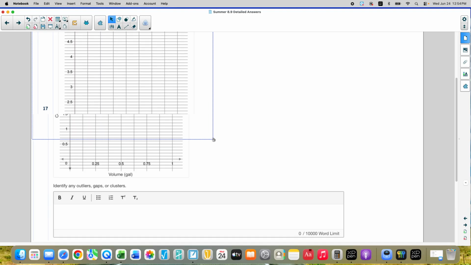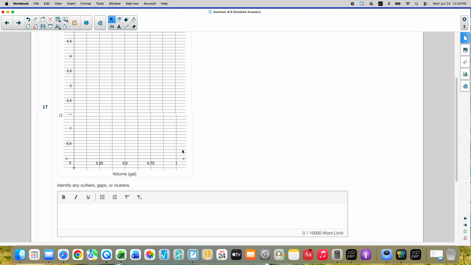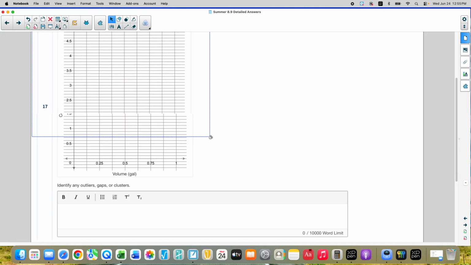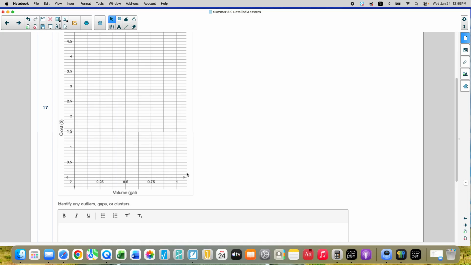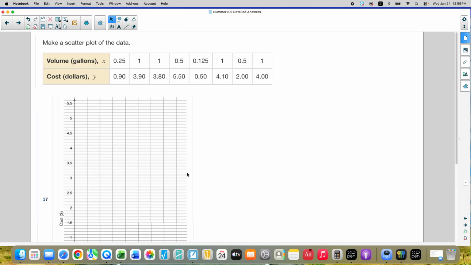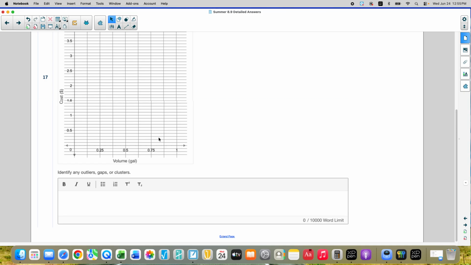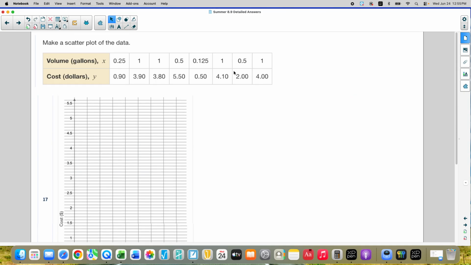Let's do this instead of using the pen. Well, let's stretch a little bit. Okay, that looks good. Let's put that back at 1.5. Okay, I don't think we're going to be perfect.